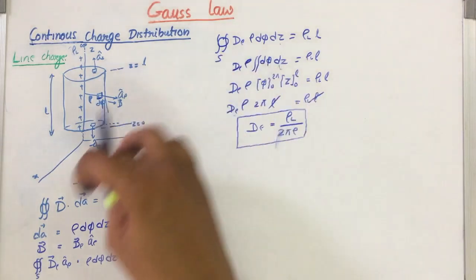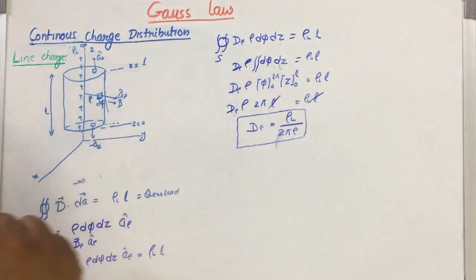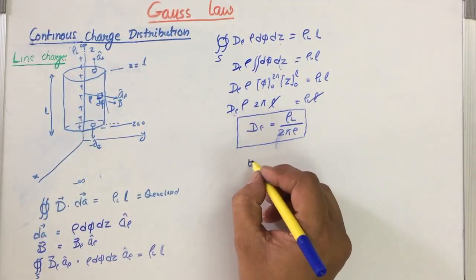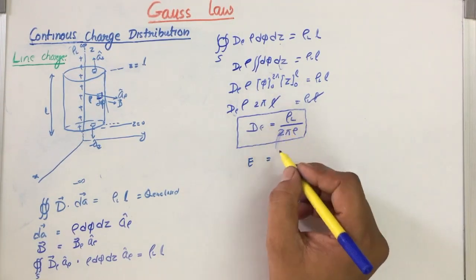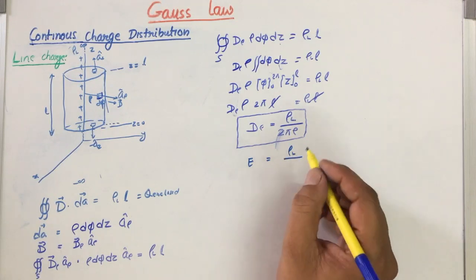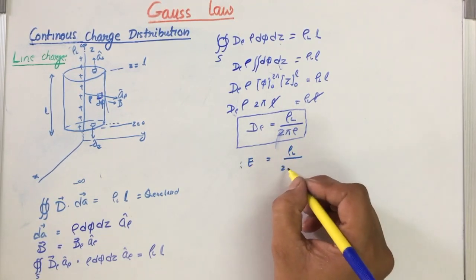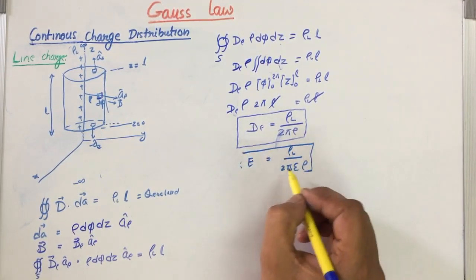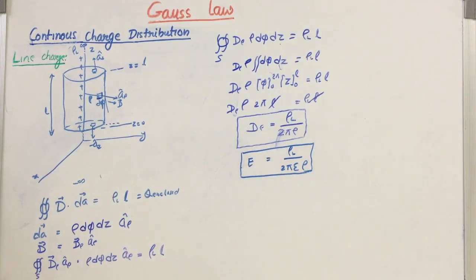Now with the help of Gauss's law we derived it again, and from here we can say E will be equal to rho L divided by 2 pi epsilon rho, because D is equal to epsilon E. We have already derived this relationship previously.